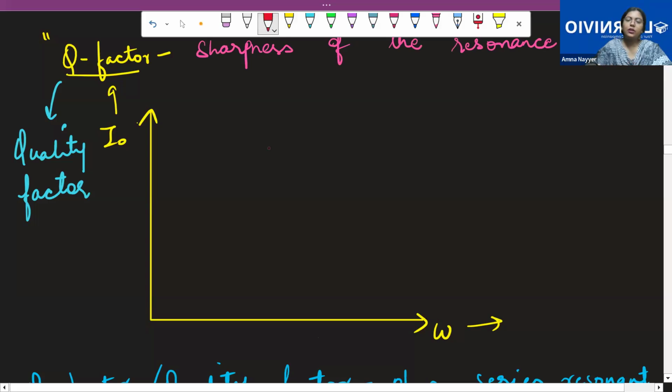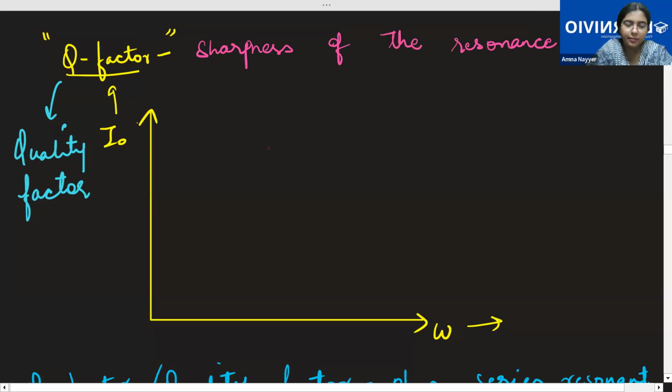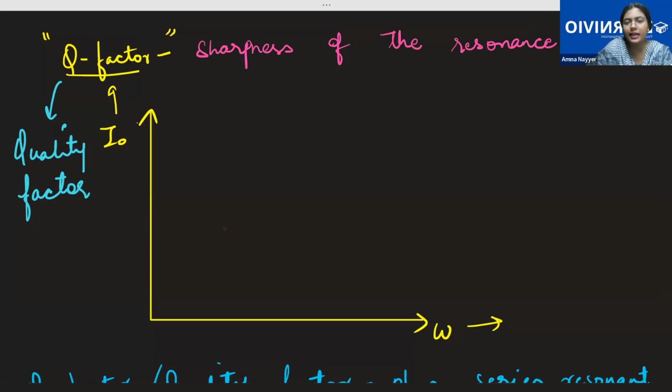Now, when we talk about the Q factor, it tells about the sharpness of resonance. So you can understand it like this. Let's say this is a middle point here. I've drawn a current versus angular frequency graph. Here, this is the lowest peak value, so the current value is less, and you will get a very high value of resistance.